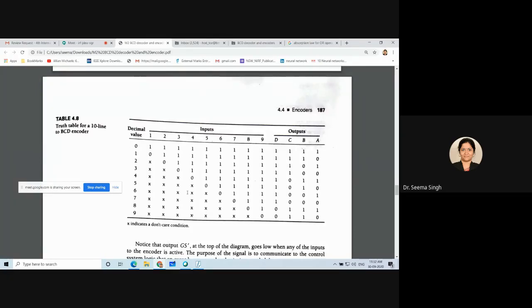How do you see that? You will have 0 and 0 here, for 8 and 9. Ma'am, X8 and X9. Yes. D is 0 for 8 and 9.